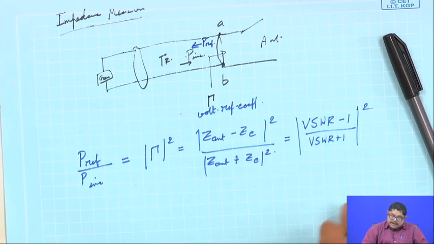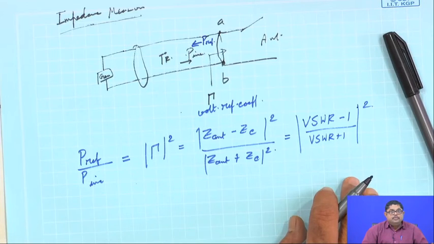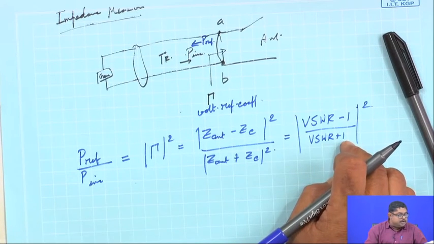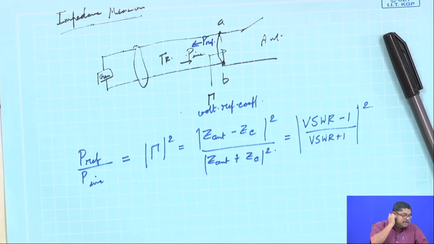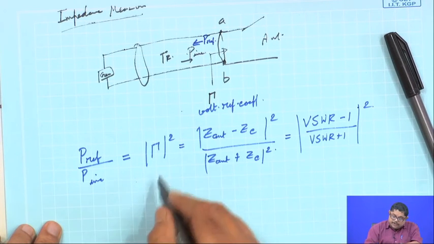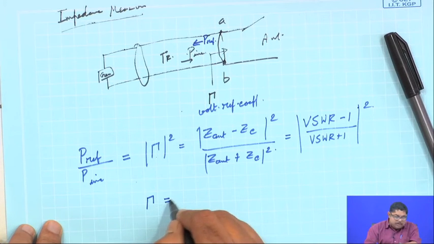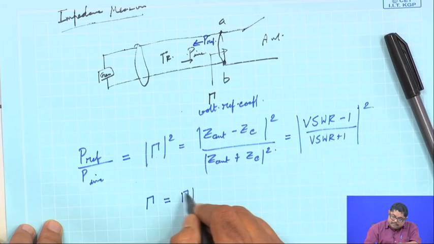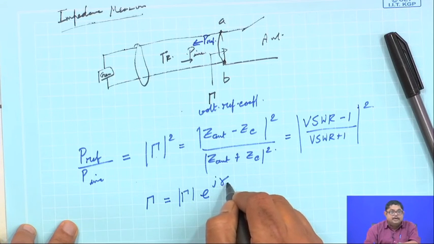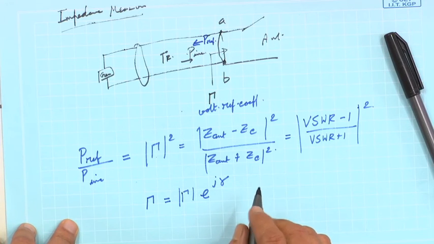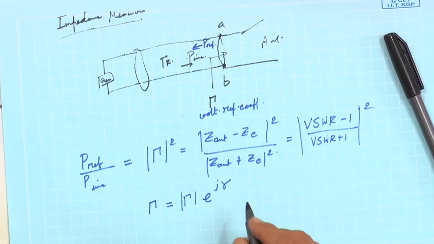So, basically you can always find out the VSWR from these transmission line techniques, and finally we want to know the reflection coefficient. But this is the magnitude we are getting; apart from the magnitude, there should also be a phase of the reflection coefficient. So, this is the voltage reflection coefficient at the antenna terminal.